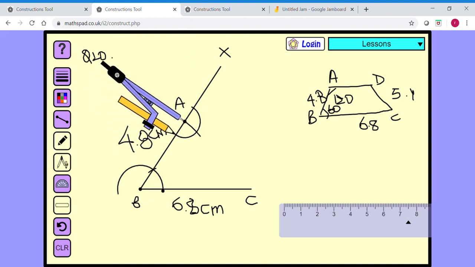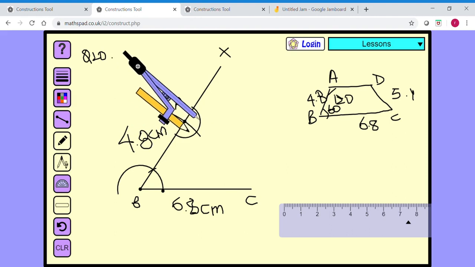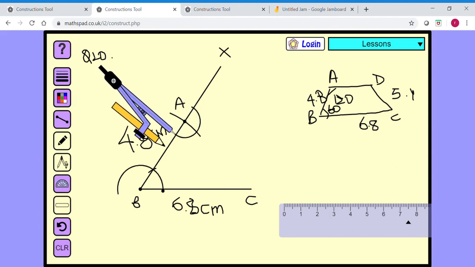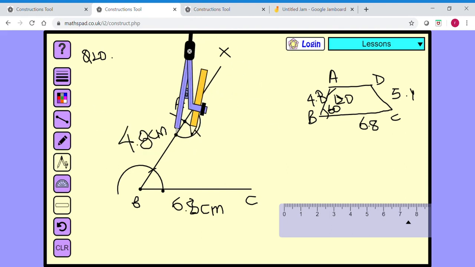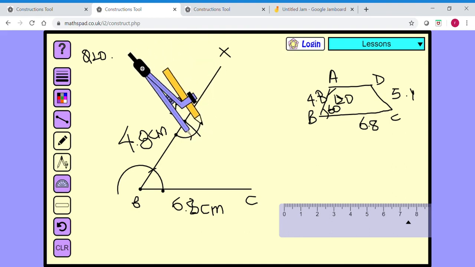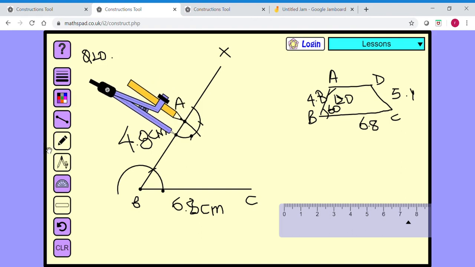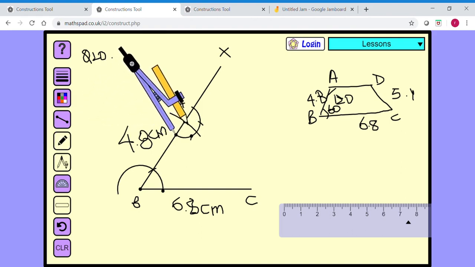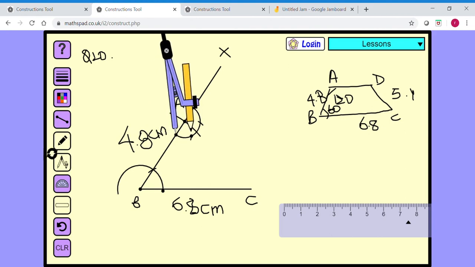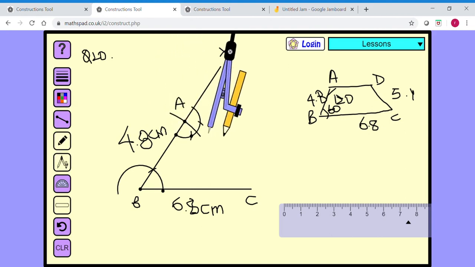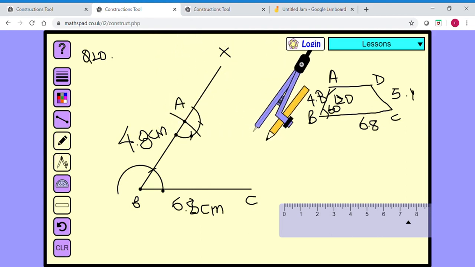Without changing the span, I pick it up and I cut 60 degrees here and I keep it at the 60 degree point and I cut 120 degrees here. Perfect. In fact, my 60 degree point is not proper. Let me increase the size slightly. Done. So I've got a 60 degree, I've got a 120 degree.